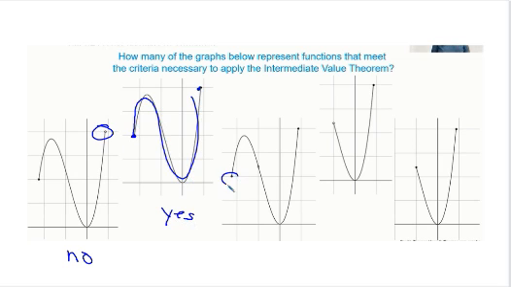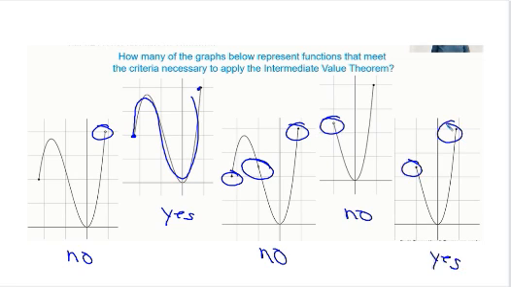The next one has a closed interval, but it's not continuous, so this one is a no. The next one is no because we have an open interval. And finally, this last one is a yes because we have a closed interval and a continuous function.